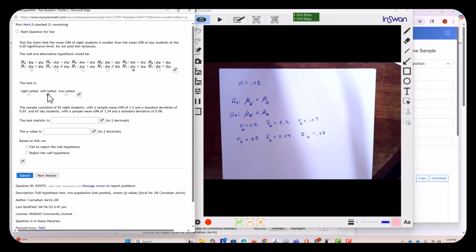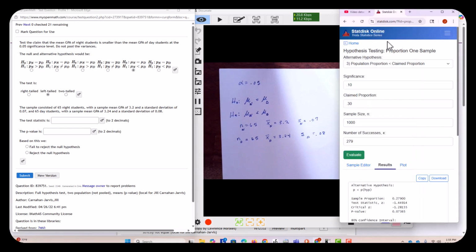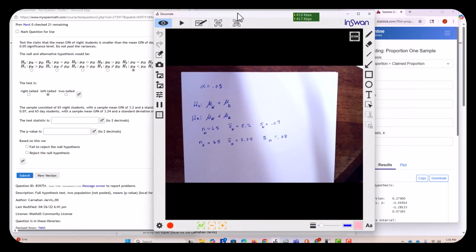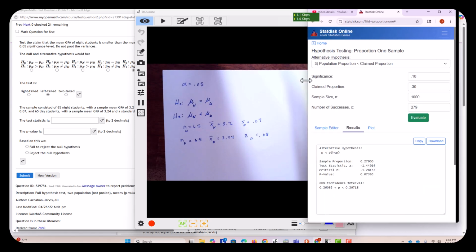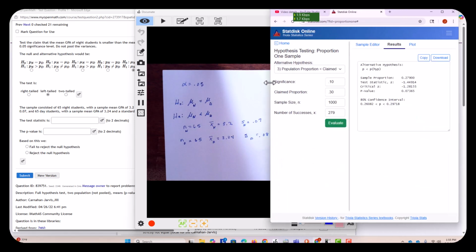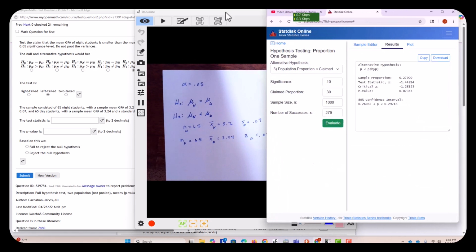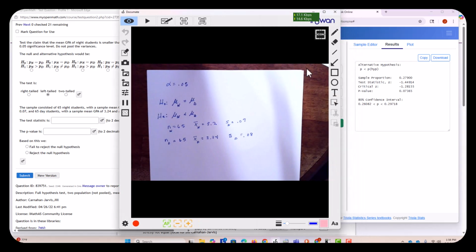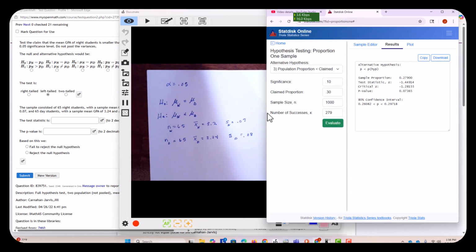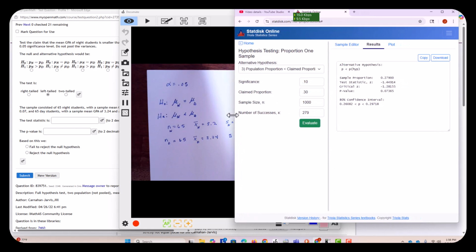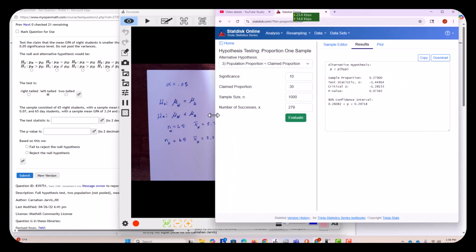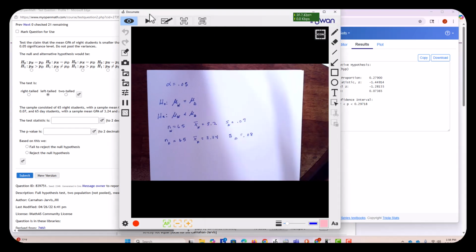Test statistic and p-value. So let's go here to StatDisk. Okay, getting analysis up here.